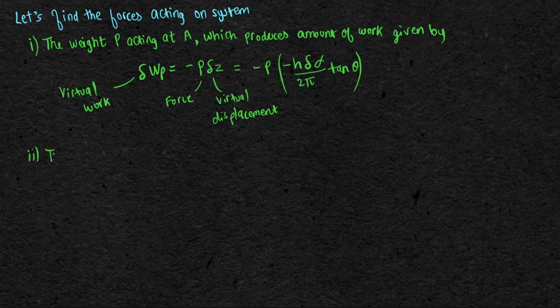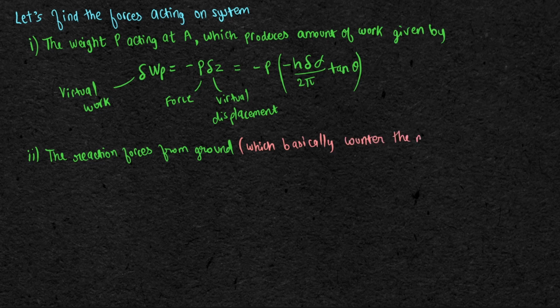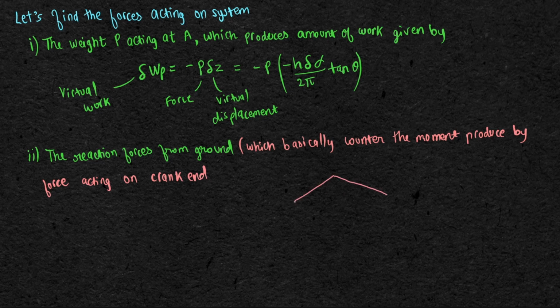The second force which is acting on the system is the reaction force from the ground. This force basically counters the moment produced by the force F, which is acting at the end of the crank. This can be shown in the following figure, where the cross represents the force going into the screen and the dot represents the force coming out of the screen.